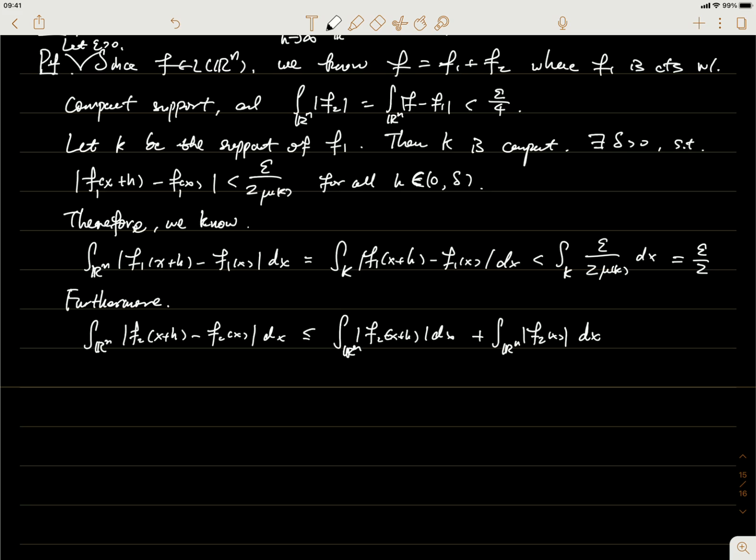And I know that each one of them is less than epsilon over 4. So the sum of them is epsilon over 2.